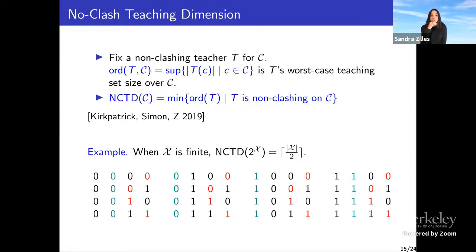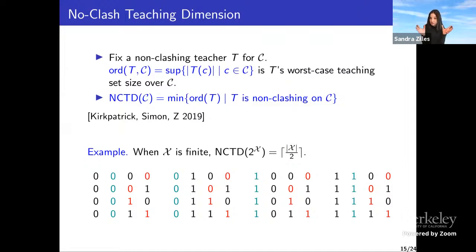So the no clash teaching dimension is then defined in a very similar way as the teaching dimension before. If we have a teacher mapping T, we say the order of that teacher mapping is just the worst case teaching set size that it produces. And the no clash teaching dimension is the best possible worst case teaching set size for all the non-clashing teachers on a concept class.